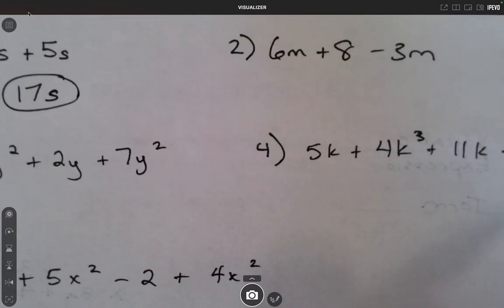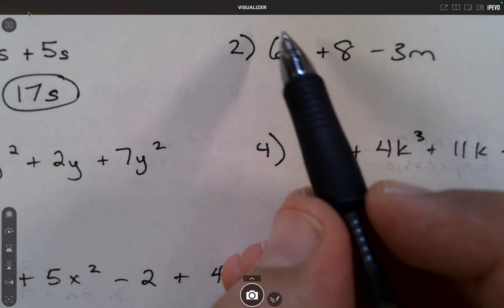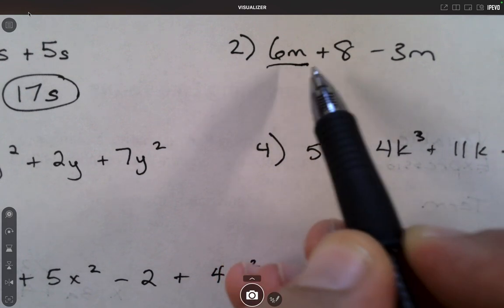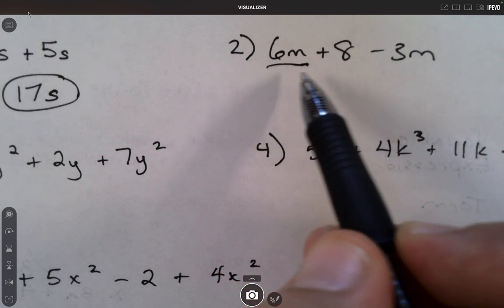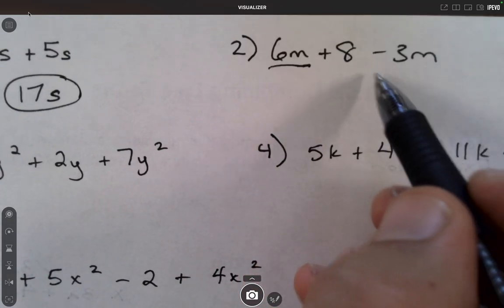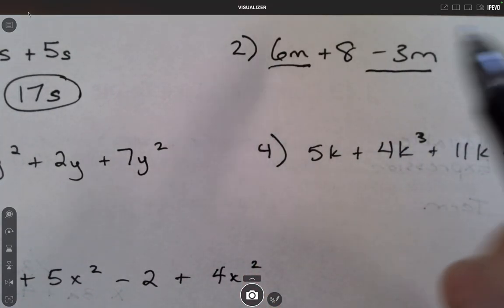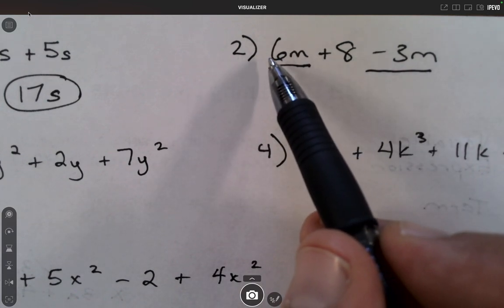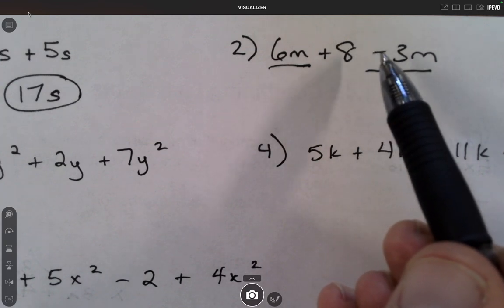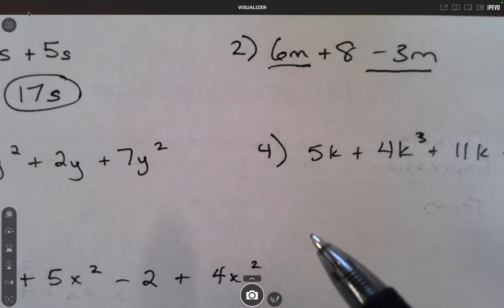Number 2, 6m plus 8 minus 3m. So I just like to move from left to right, but it's up to you how you want to do it. So I just look first at 6m. So I think, okay, the variable pattern there is an m. So I want to look for another term in here that has an m, and we see one right here. And you want to keep whatever operation or sign is in front of each term. So we see it as a positive 6m, a positive 8, and a minus or a negative 3m.